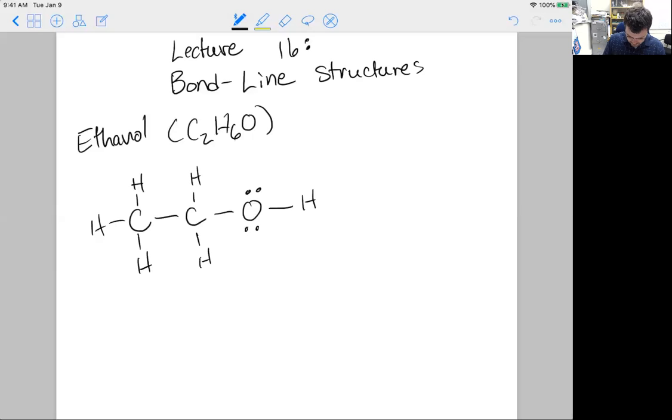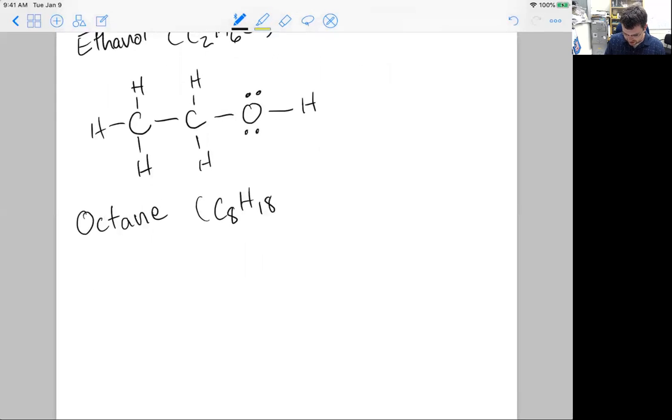So another popular molecule for everybody is octane. It's what we put in our cars, and it is C8, hence the name octane. And then to fill up everything, it's going to have 18 hydrogens. So we start with 8 carbons, 1, 2, 3, 4, 5, 6, 7, 8, right? Okay, good.